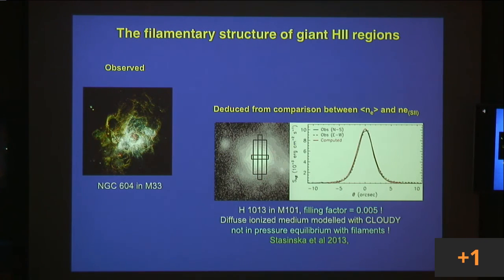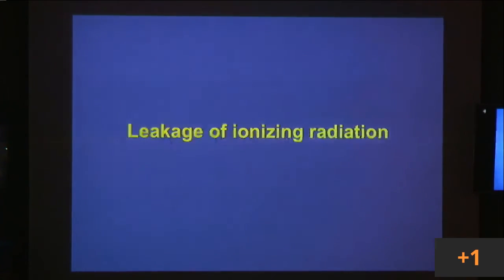And it's common. Now, of course, the blobs don't float in the vacuum. Well, there is probably a diffuse medium around. But if you build a photoionization model for this diffuse medium, you find that the blobs and the diffuse medium are not in pressure equilibrium. So I don't exactly know what this means. Probably Will has an answer to that. But that's bothering me.